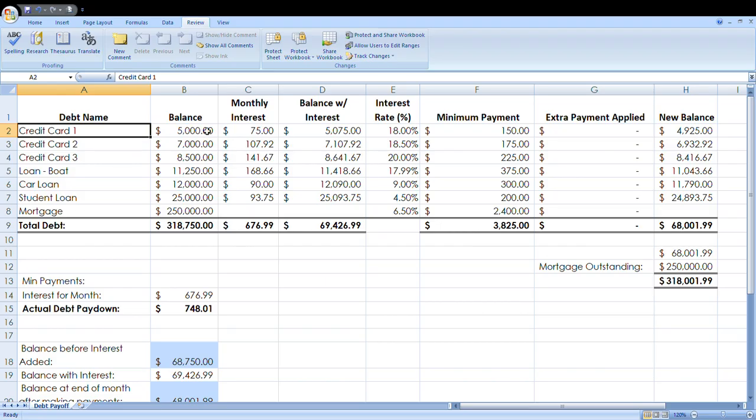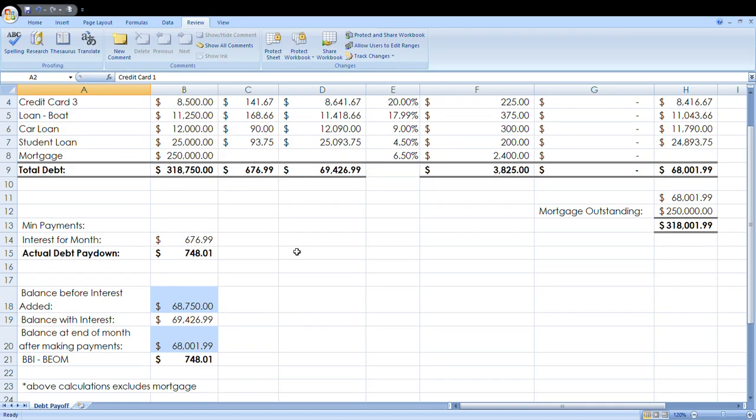So anyway, let's go through this and look at it. The monthly interest that you're paying on just these, the 3 credit cards, the boat, the car loan, and the student loan, is $676.99. So I just want to point something out.